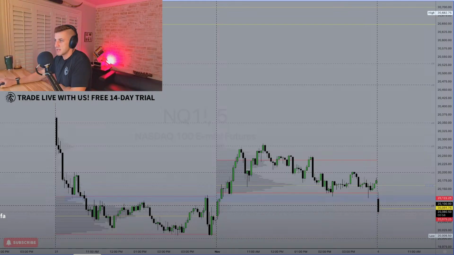First 5-minute bar of the sesh closes up in less than 1 minute here. And NQ testing the overnight low, and then you've got the prior day low just beneath that.